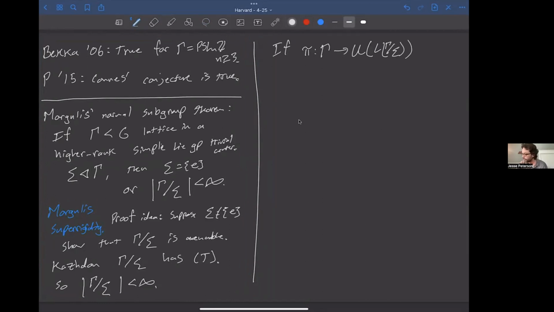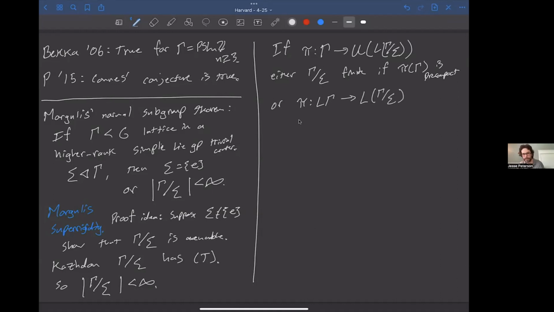So we get either the quotient group is finite, so if pi of gamma is pre-compact, or we get that it extends to the von Neumann algebra. Pi gives an isomorphism of the von Neumann algebra.